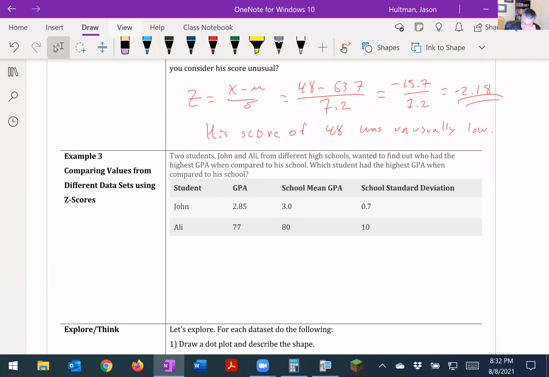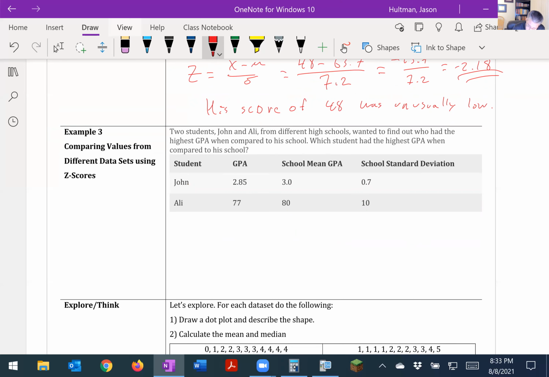Okay, 2 students, John and Ollie from different high schools, wanted to find out who had the highest GPA compared to his school. Which student had the highest GPA when compared to his school? So we're looking at John's score compared to his population or his school, and Ollie's score compared to his population.